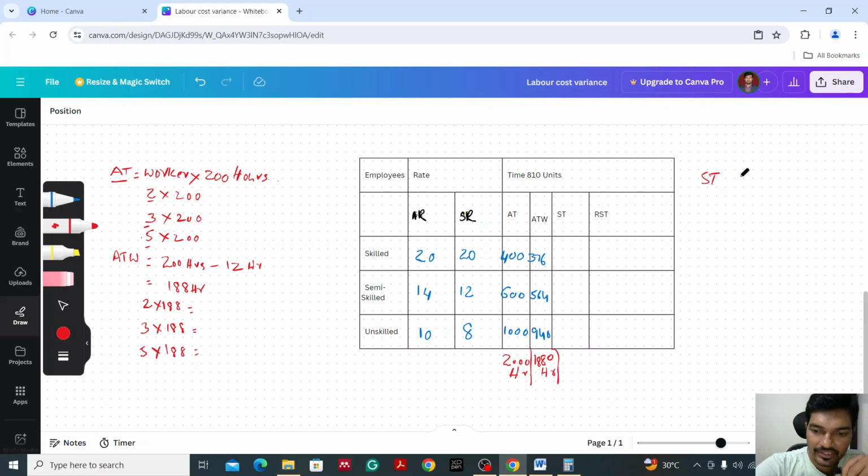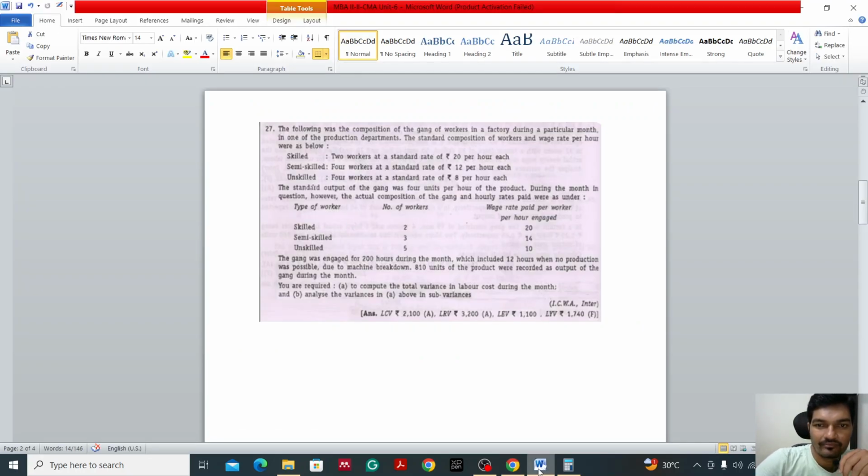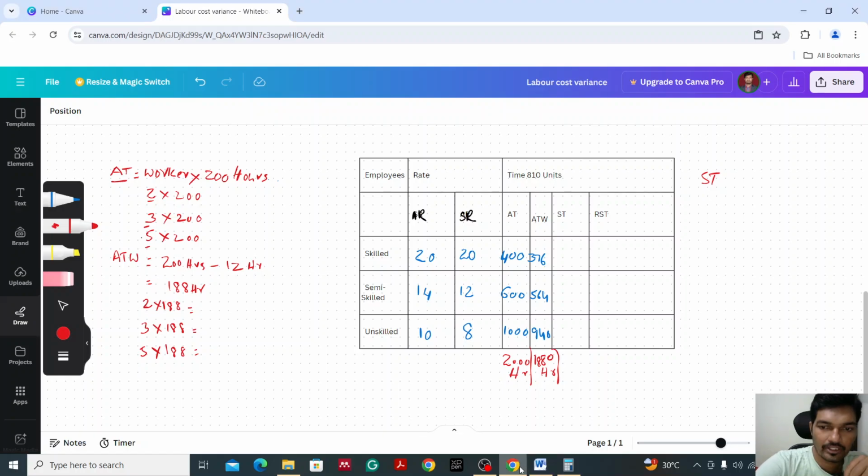If you look at this sum, the standard output of the gang was 4 units per hour, whereas actual output is 810 units. So we need to convert the standard data according to the actual output. Then only we can apply the formula. So let us convert this according to actual data.